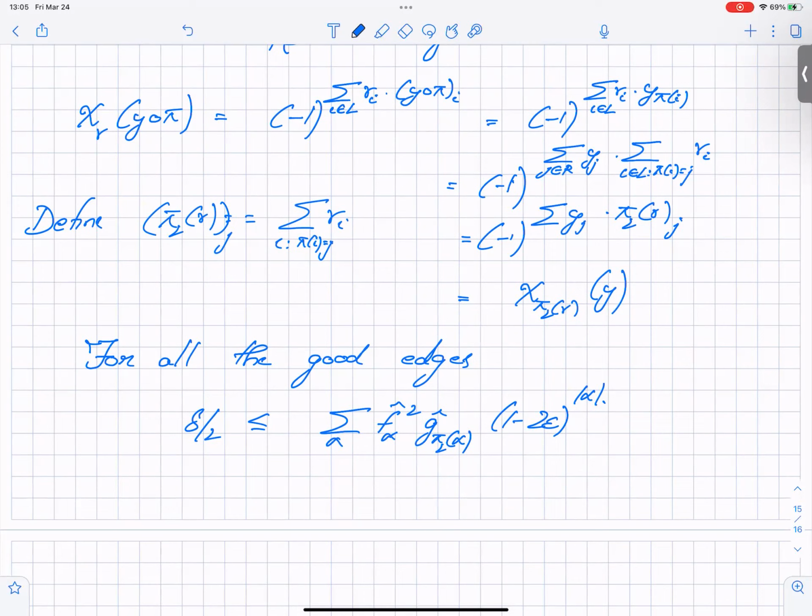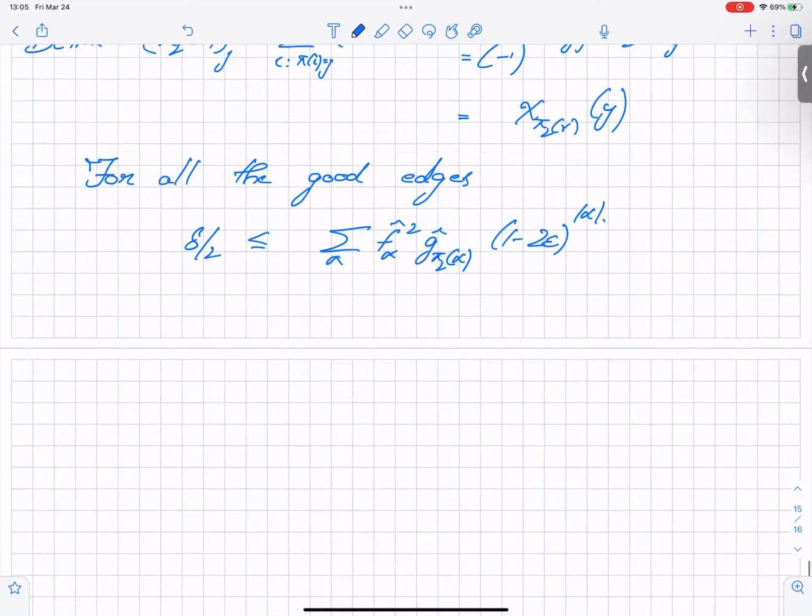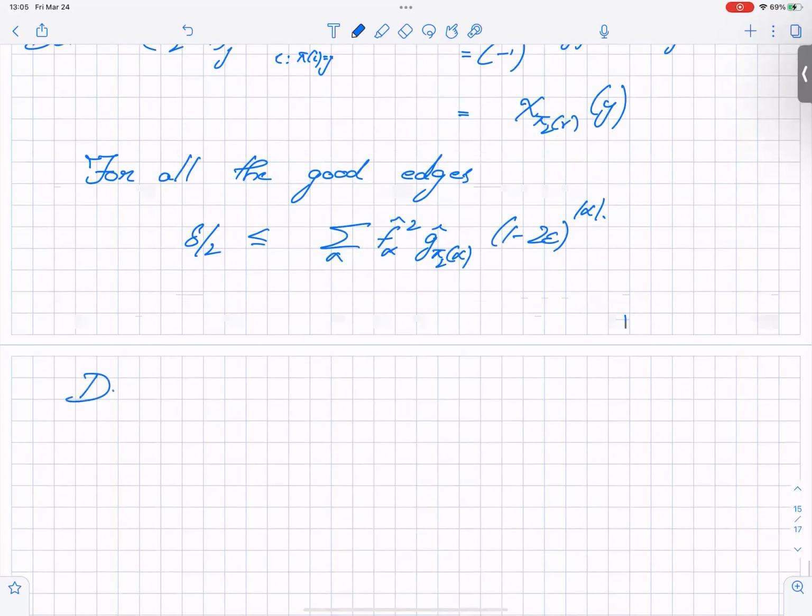What I now need to show is that from these encodings, I can decode a coloring. So let's now go to the task of decoding a labeling from the proofs.